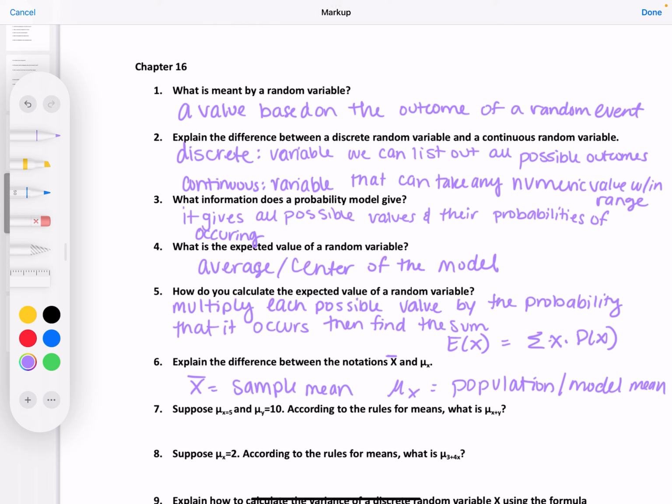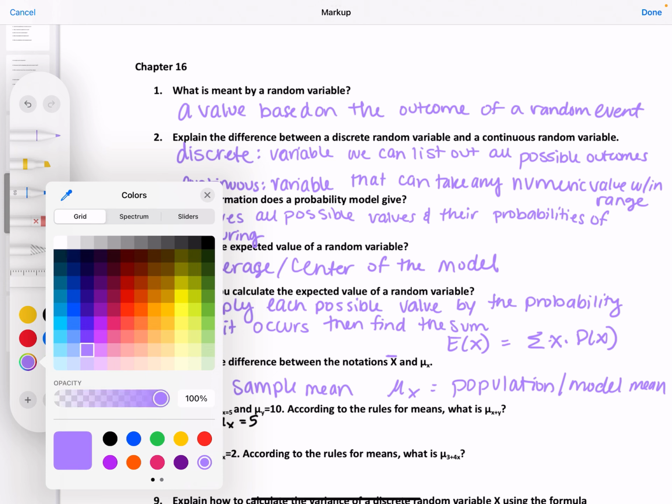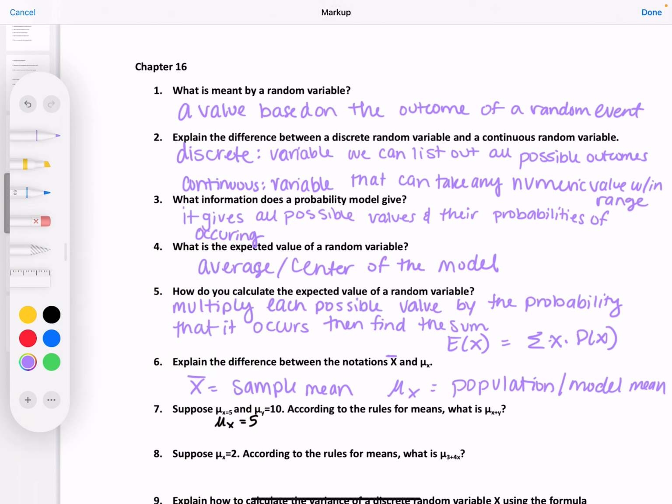Also, this one is supposed to be mu of x is equal to 5. So suppose mu of x is equal to 5 and mu of y is equal to 10. According to the rules for means, what is mu of x plus y? That would be mu of x plus y is equal to mu of x plus mu of y, which is equal to 5 plus 10, and that would be 15.